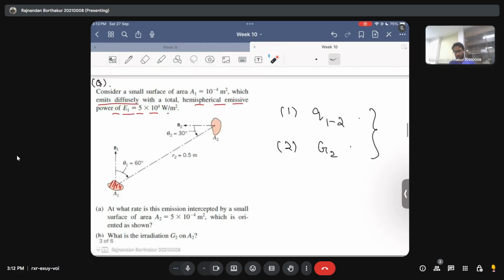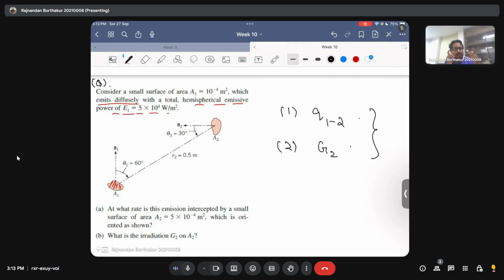Okay, so we'll not touch upon that topic today, but in the next class we'll look into it. There is something which is known as the radiation view factors, and this question is related to actually building the fundamentals of radiation view factors.